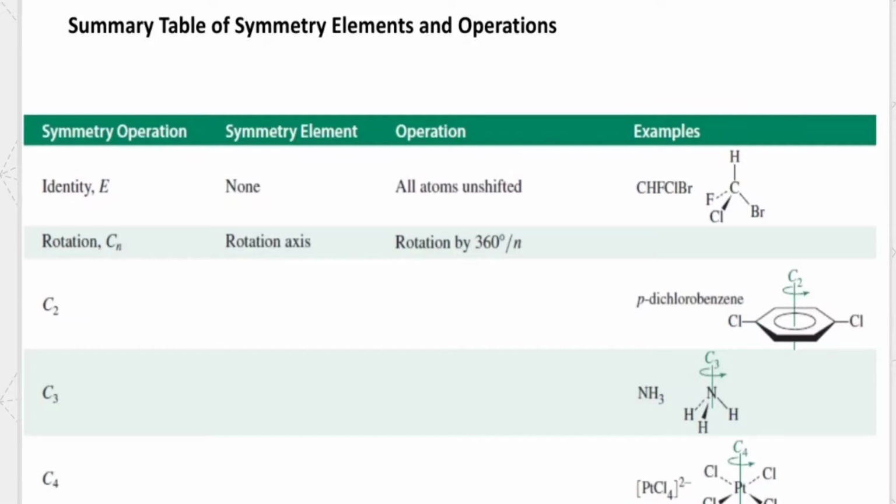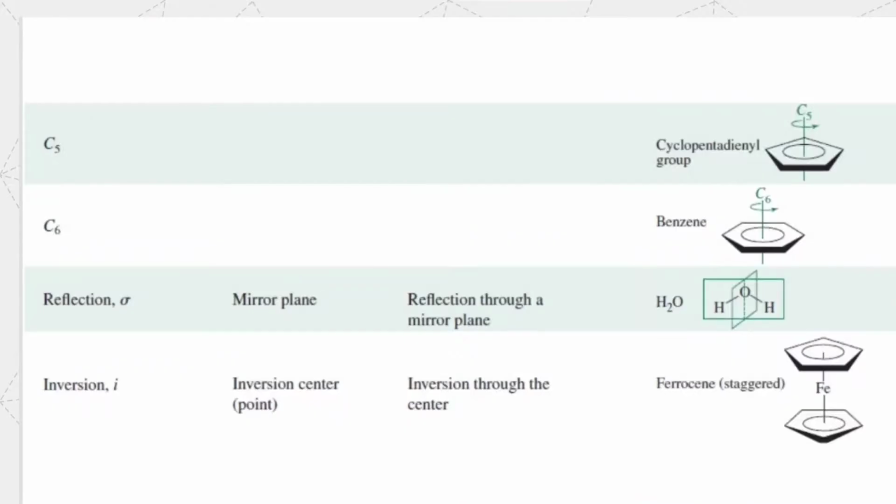C2, example, para-dichlorobenzene. C3, example, NH3 molecule. C4, PtCl4 dianion. C5, cyclopentadienyl group. C6, benzene.